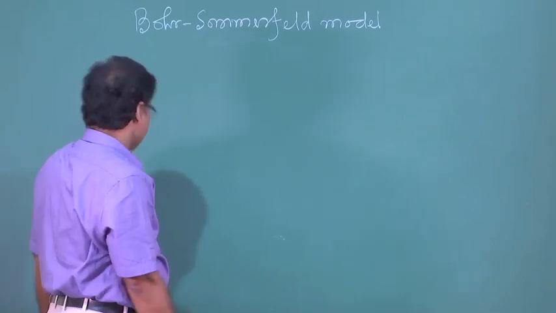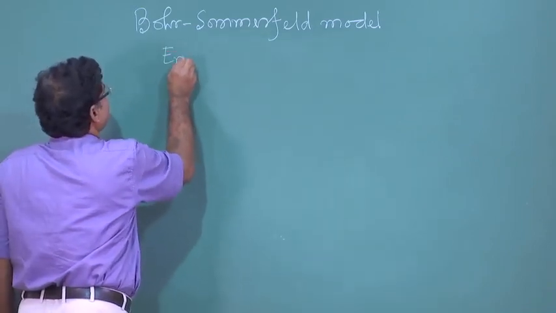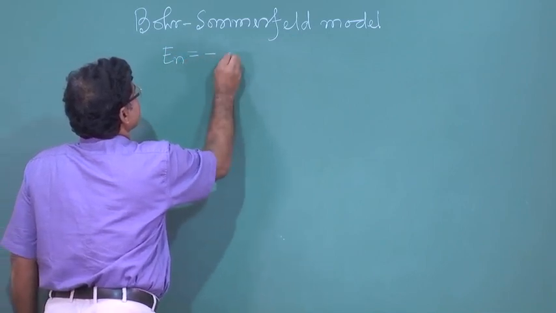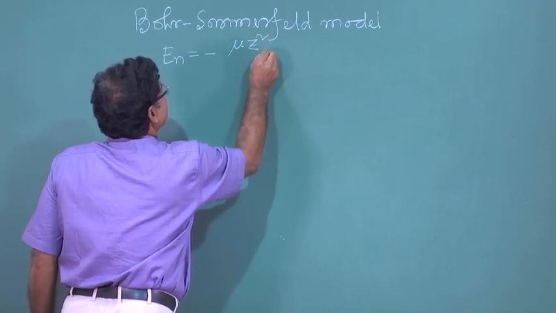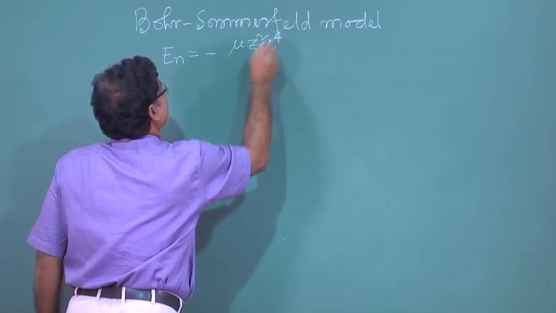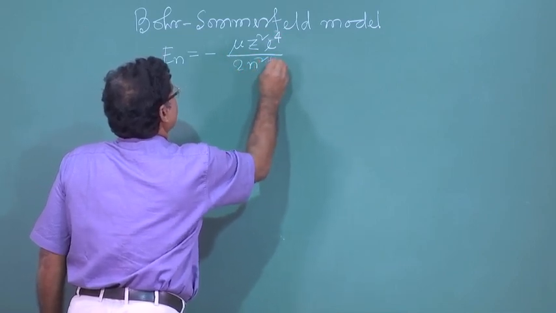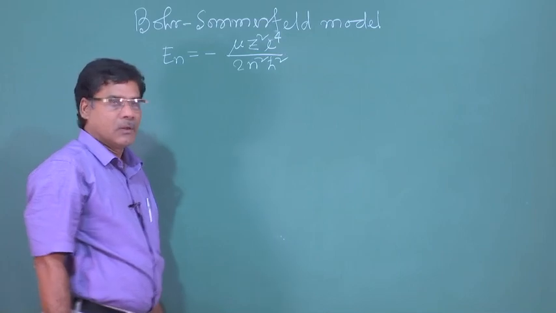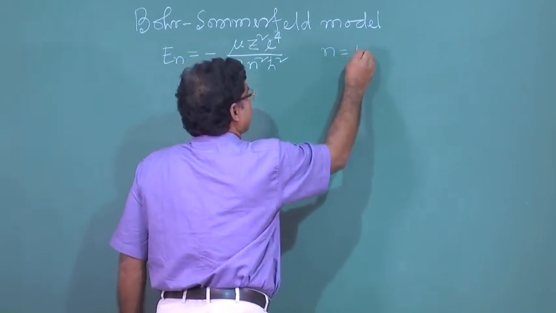We have seen that from the Bohr model the energy expression is mu Z square e to the power 4 by 2 n square h cross square. Here n is the principal quantum number, with values 1, 2, 3, 4.